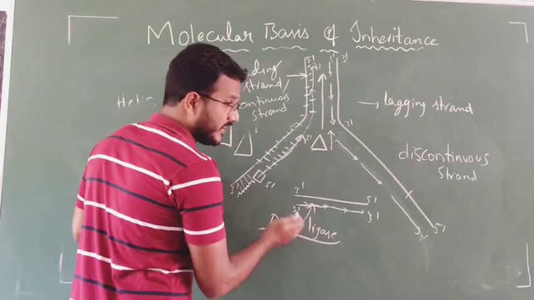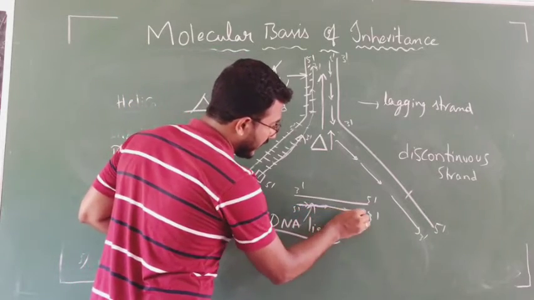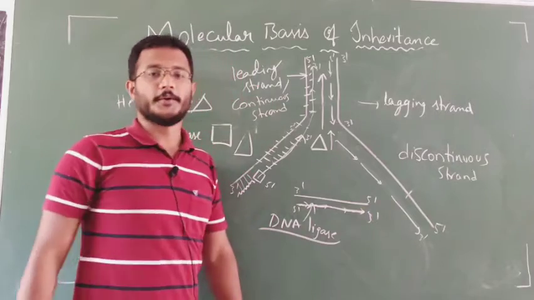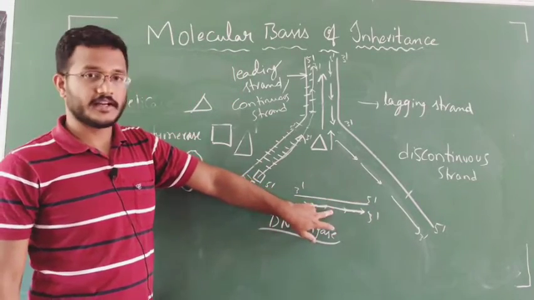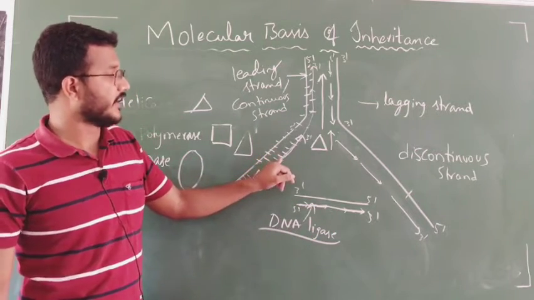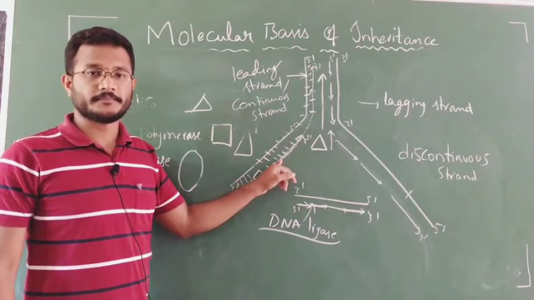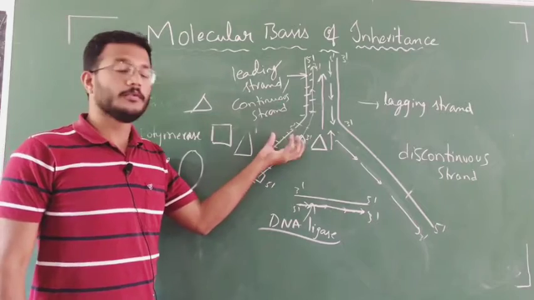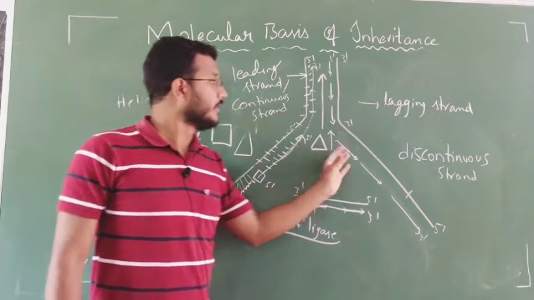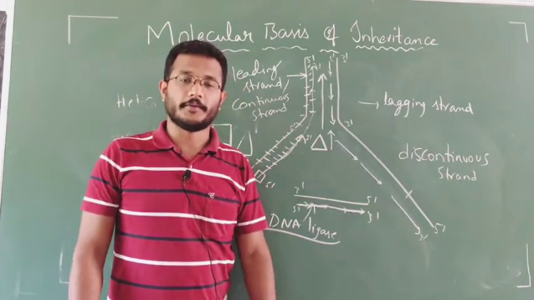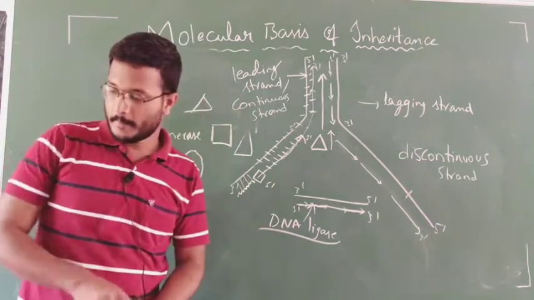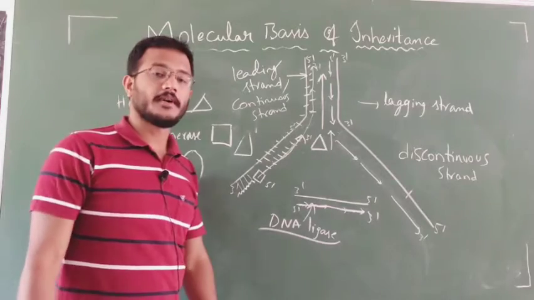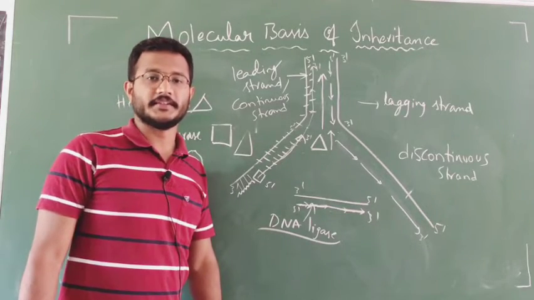After this enzyme comes, this strand again forms as a continuous one. So as a result, from one parent strand a daughter strand is formed, and from the other parent strand another daughter strand is formed. So these two are one DNA molecule, and these two are another DNA molecule. Understanding? This is the basic concept of DNA replication.